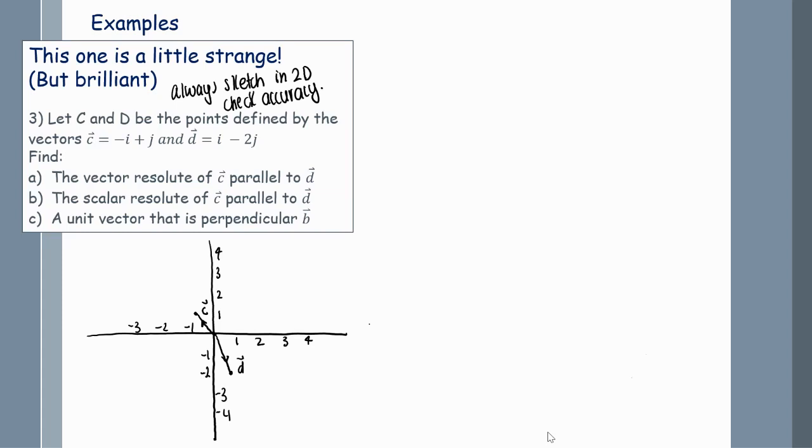Now, this already looks a little different to usual because it says we have to find the vector resolute of C parallel to D. So we need to find a vector U that is along D that ends directly in line with the end of vector C. Now, as we can see here, there's not really any part of D right now that ends up near that endpoint of vector C. So we're actually going to have to elongate D in the opposite direction.